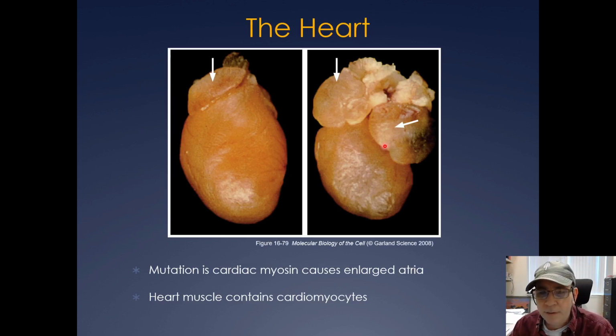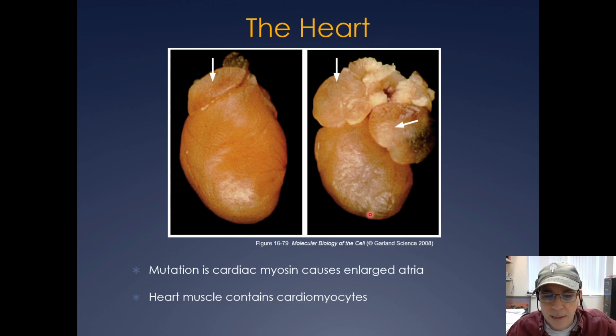And here's just the heart, which is a major muscle in our body and a pretty darn important one at that. If it's not working right, you're likely going to have some severe health issues. But there's a mutation in the cardiac myosin which can cause an elongated or an enlarged atria.